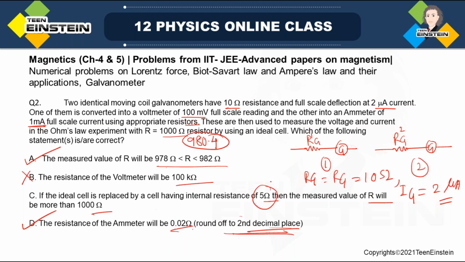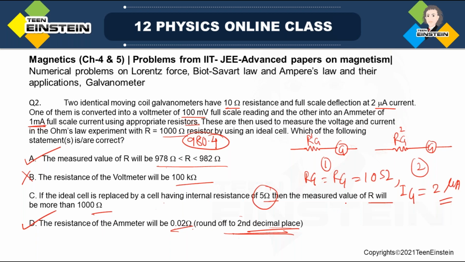So that's why it is true that the replacement of the ideal cell by a cell which has some internal resistance will not affect the measurement of resistance in Ohm's law.